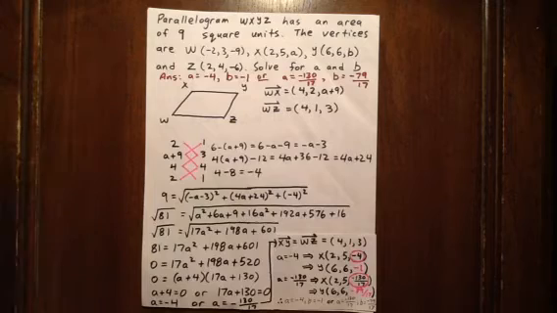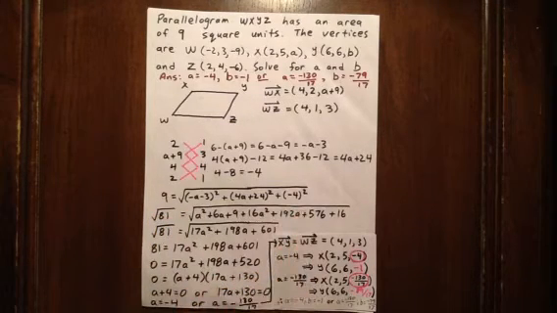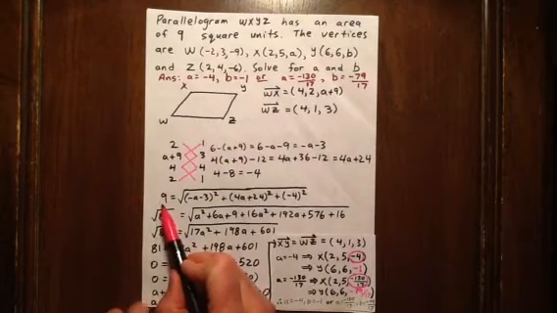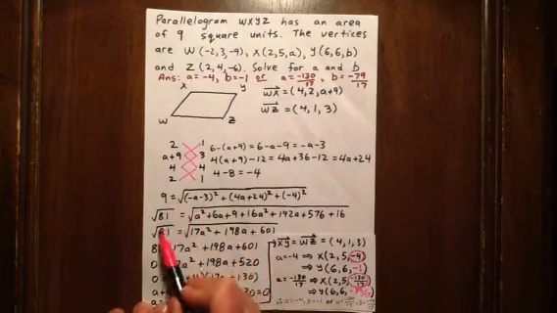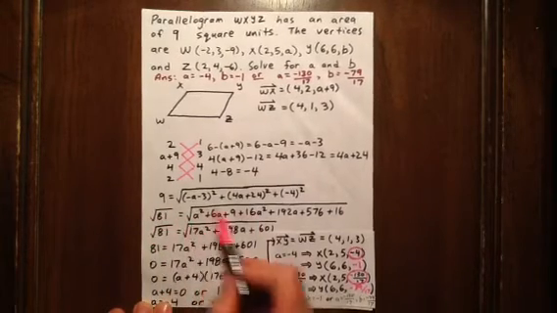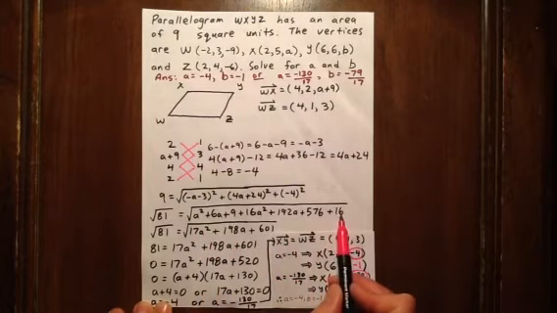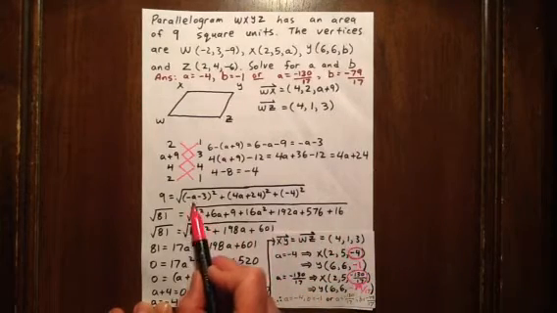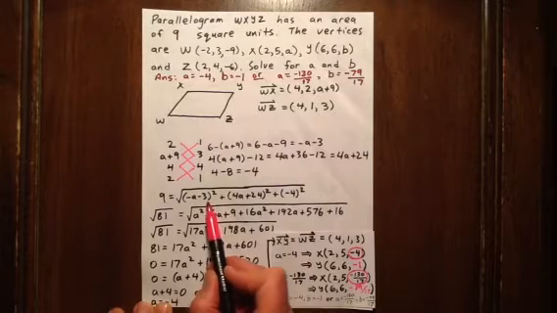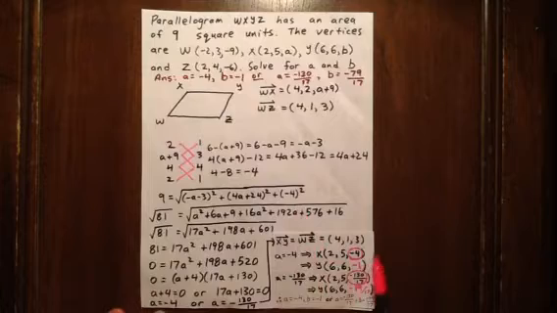Well, the area of the parallelogram is 9 square units. So 9 is equal to that square root right there. Alright, well, what we can do is simply square both sides. So we can say the square root of 81 is equal to the square root of this whole expression. And that's determined by simply squaring negative a minus 3, squaring 4a plus 24, and squaring negative 4.